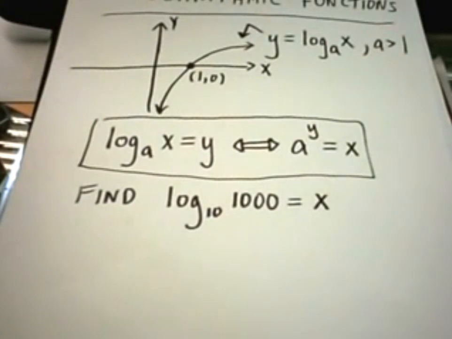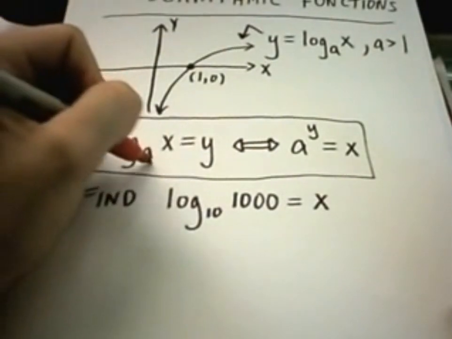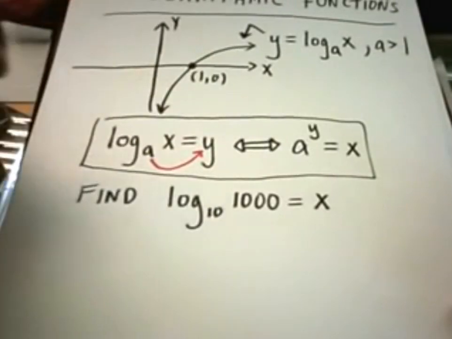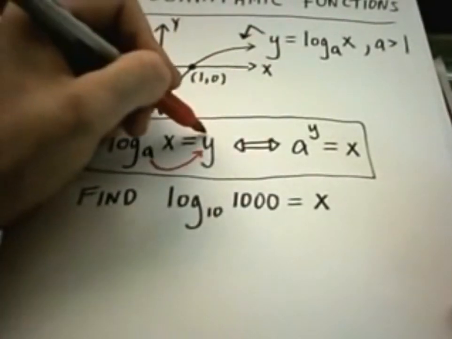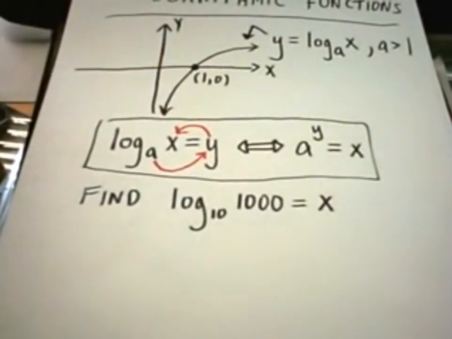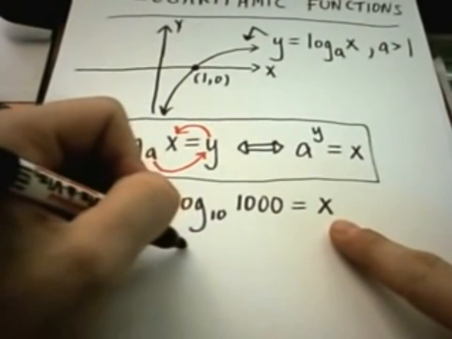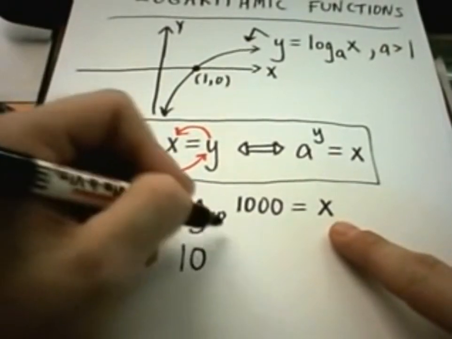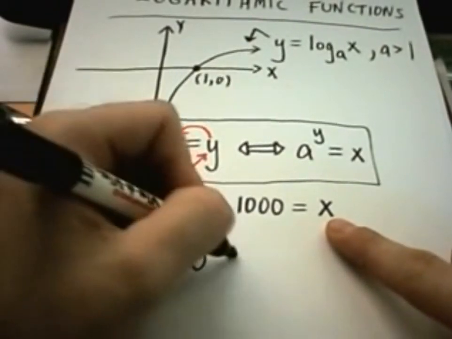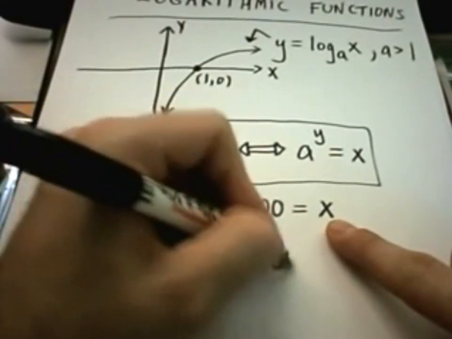But notice this pattern in going from a logarithm: if you take this base a and raise it to that power y, you set it equal to x. So equivalently, I can rewrite this as 10 raised to the power of x equals 1000.